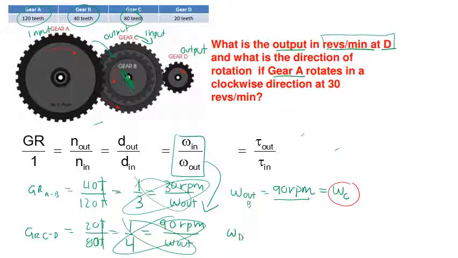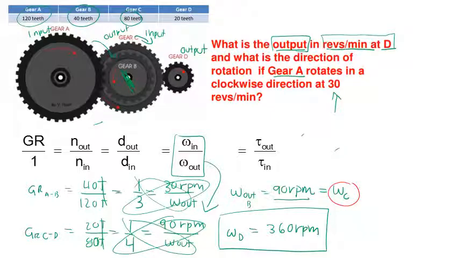Angular output at D is equal to 90 times 4, 360 RPM. So from starting at 30 revolutions per minute, we went all the way to 360 revolutions per minute, and that's my answer. That's the angular velocity of the output at D.